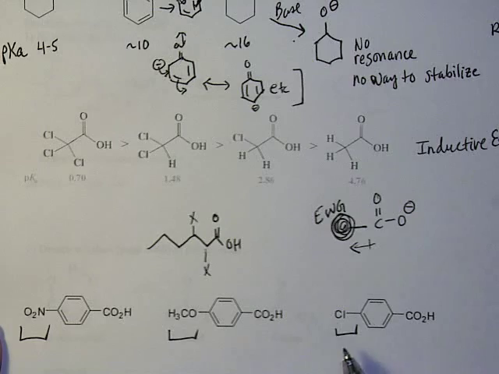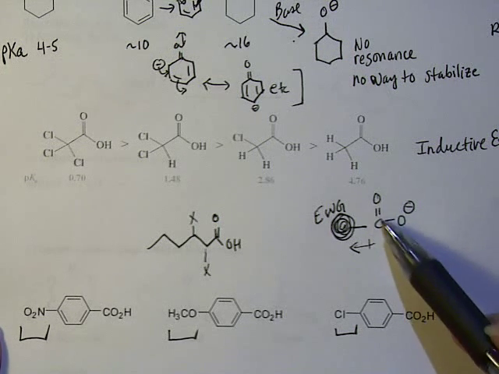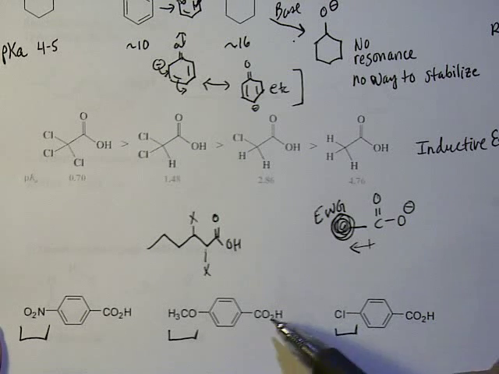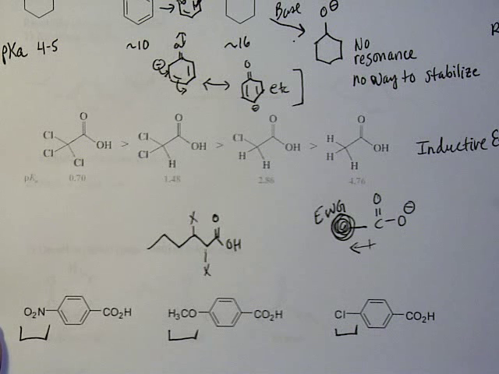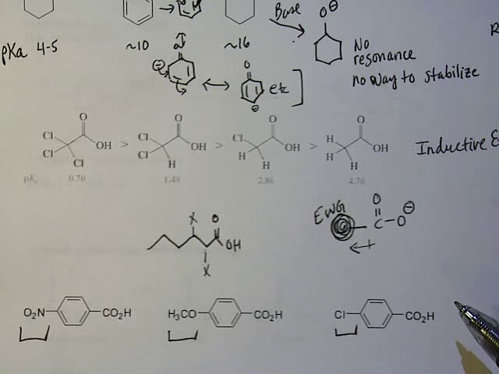So you need to classify each one of these as to whether or not it is an electron withdrawing group or electron donating group, and then that will determine whether this negative charge that you create on the carboxylic acid is going to be stabilized or not stabilized, and that will determine whether the pKa is going to be lower or higher. So which of these 3 do you think is going to be the most acidic?